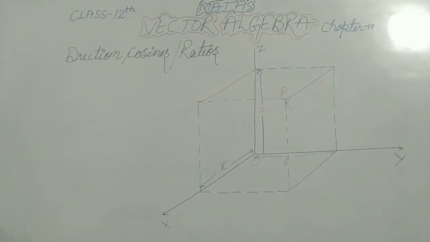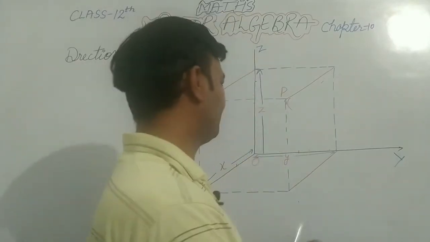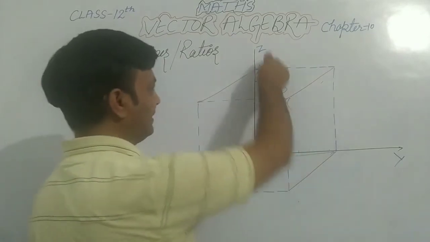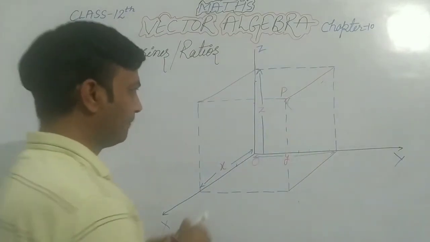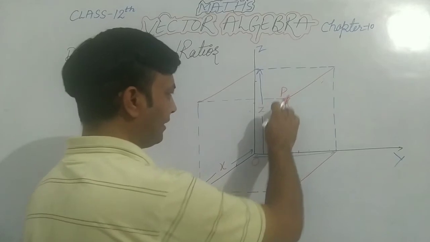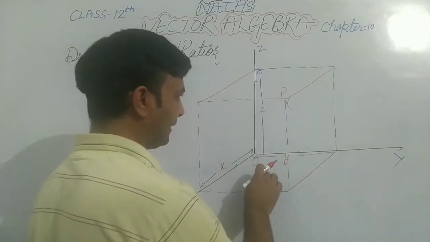Now we are talking about direction cosine and direction ratios. In 3D space we have three axes, x-axis, y-axis and z-axis, and P is any point in this space.